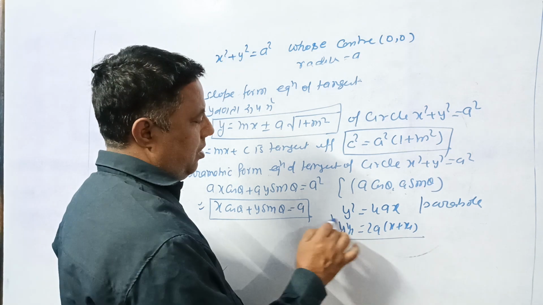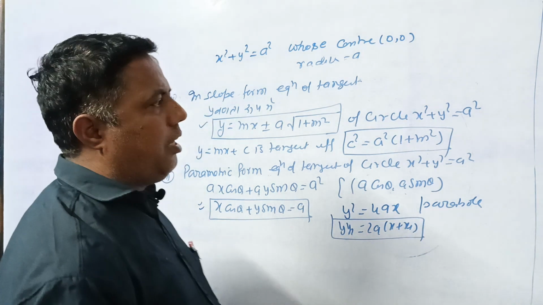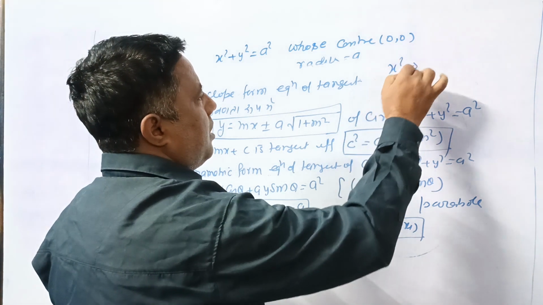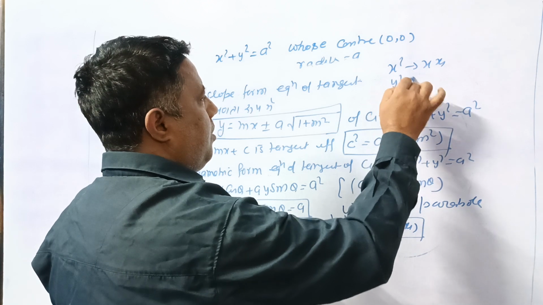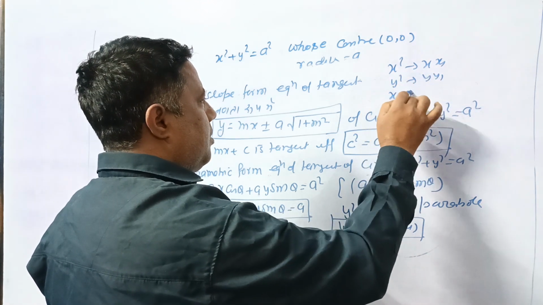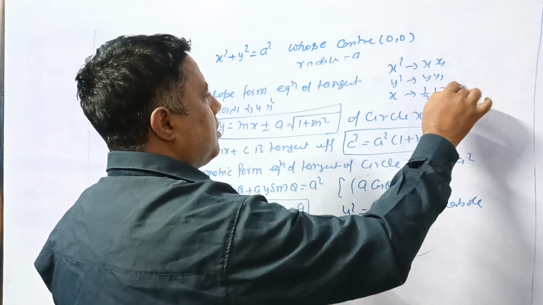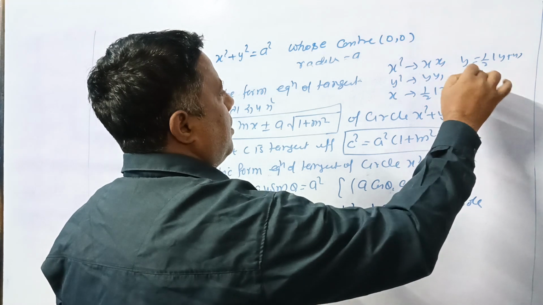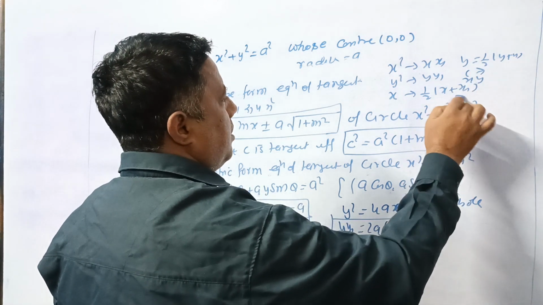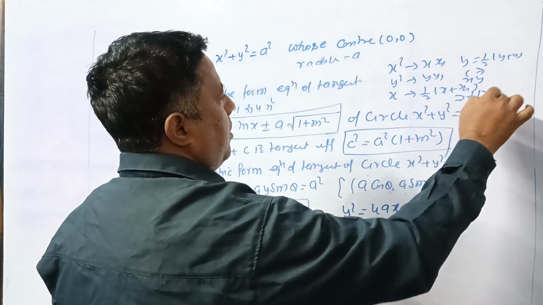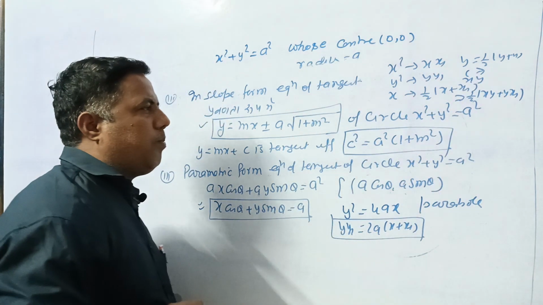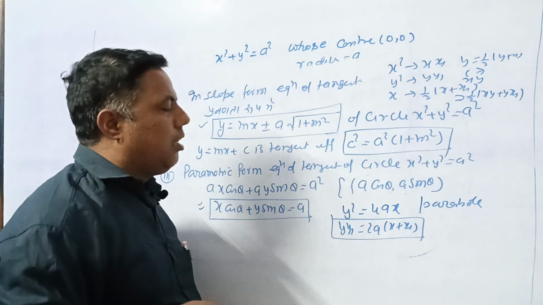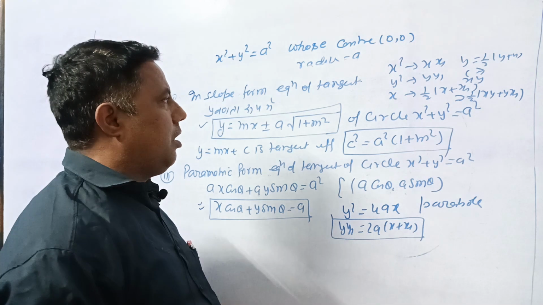If you remember this, then you can write the tangent of any curve. x square turns to x x1, y square to y y1, if the variable is linear, then half of (x plus x1), similarly half of (y plus y1), constants have no change, and xy changes to half of (x y1 plus y x1). With the help of this property, we can find the equation of a tangent. We discuss the proof of this in our next video.